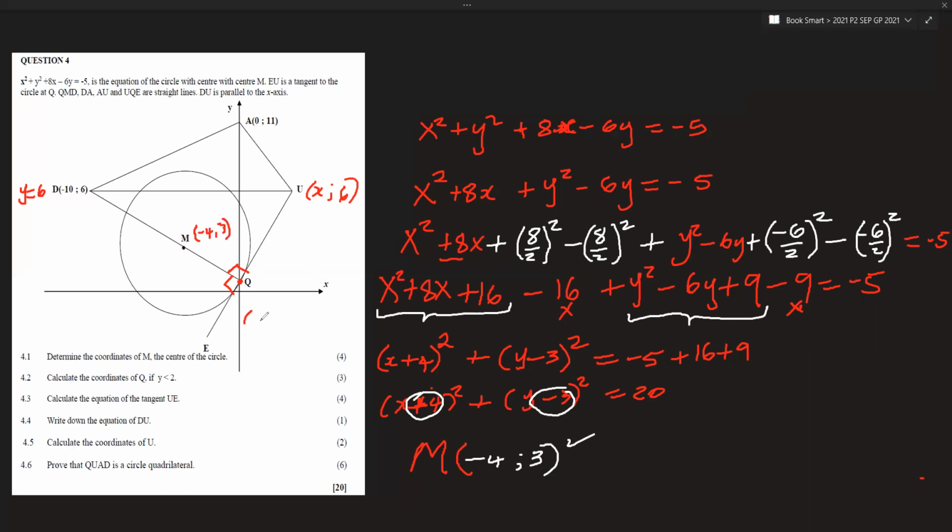And then the circle equation in standard form. I'm going to write it there at the top. So it's x plus 4 squared plus y minus 3 squared equals 20. Awesome. So now we can erase this part quickly.